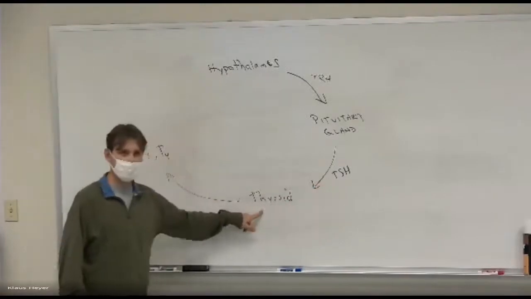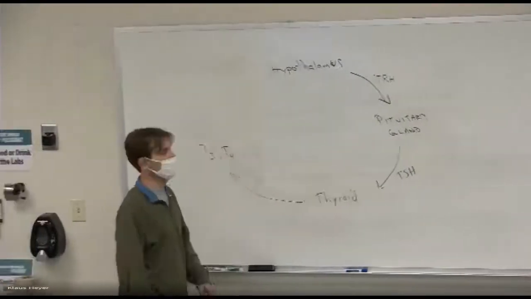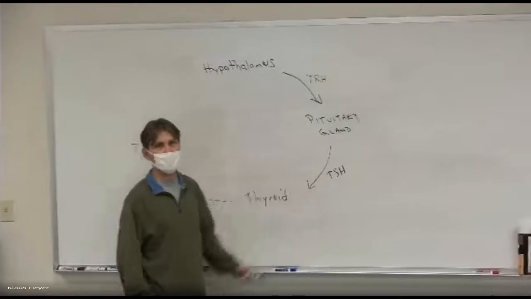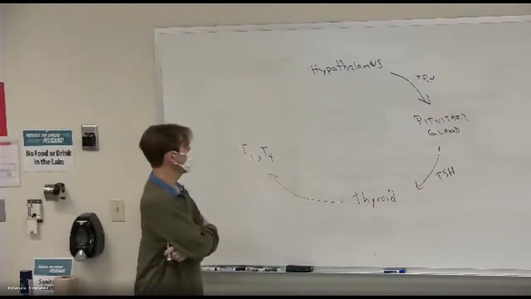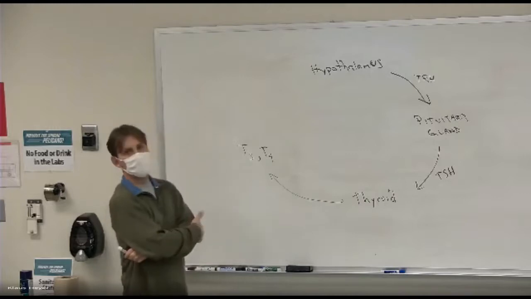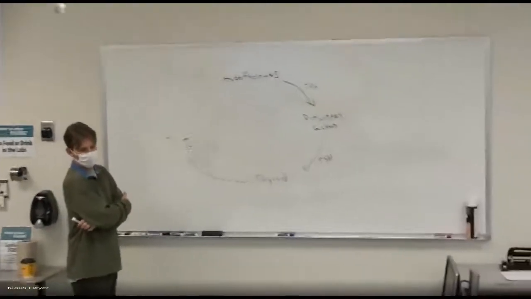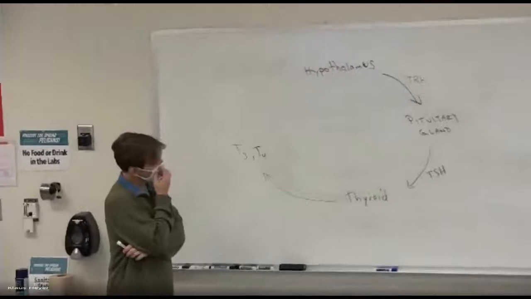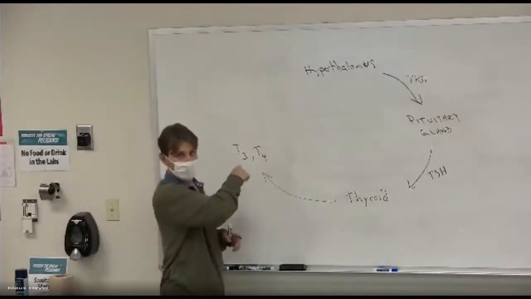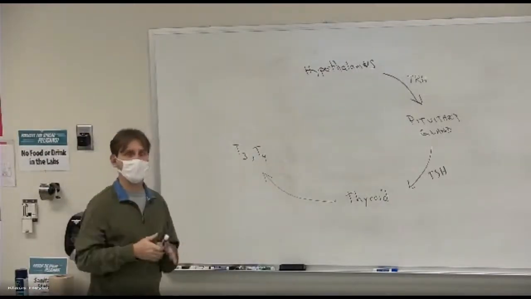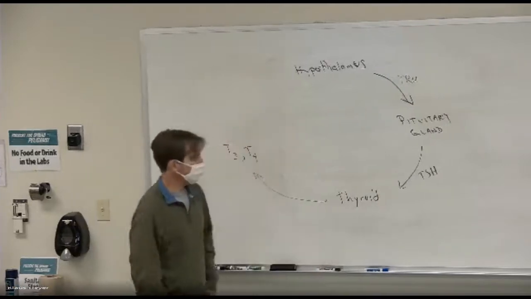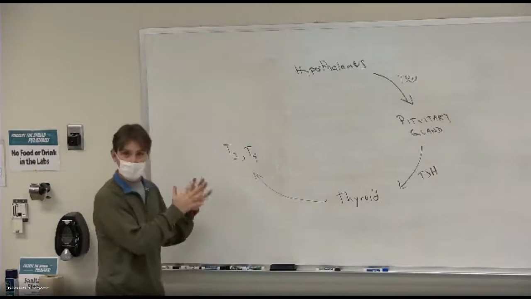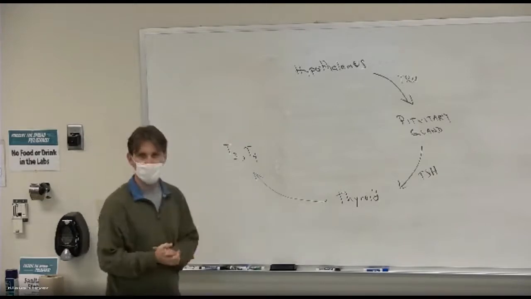No need to talk to the thyroid, it's overworking. So I'm going to find a low level of TSH. That's going to tell me maybe there's too much of this being made. That's a common thing that doctors look for. But anyway, that's negative feedback. A lot of hormones are controlled by negative feedback. Let's solve the problem. Let's stop the problem.